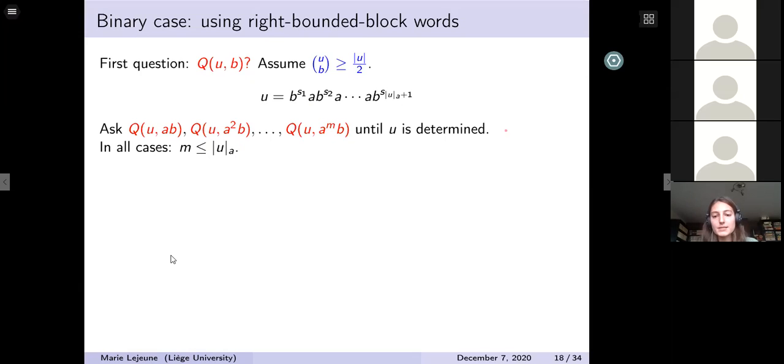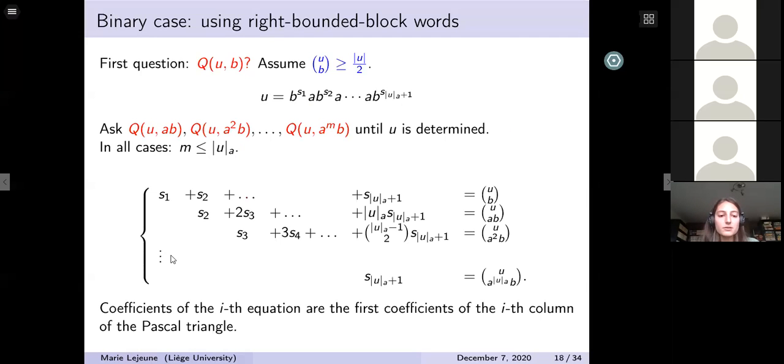And I can always determine the word from these questions because I'm writing the equations as in the example. And I'm obtaining a triangular system. And here all the coefficients on the diagonal are 1. So I have a unique solution.